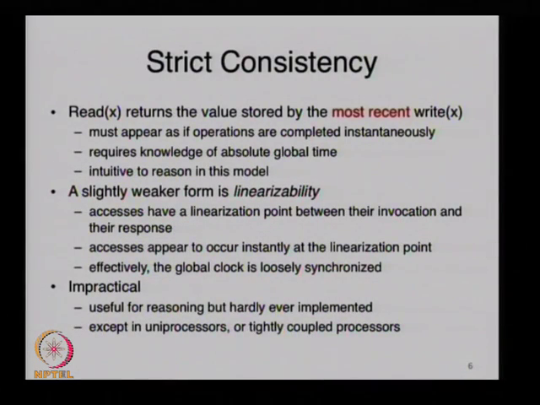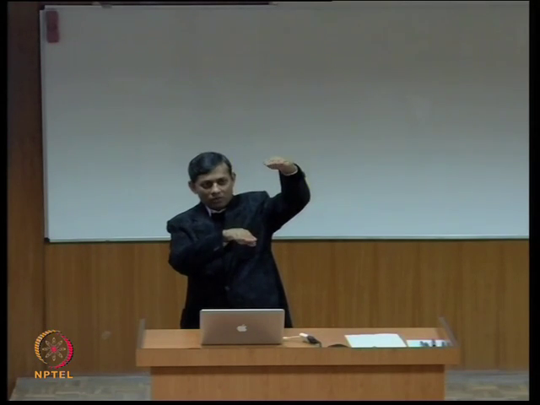A slightly weaker form of this strict consistency is, again, it appears atomic, but that global timestamp is only approximate, vague, right? Meaning that I do something here, I do something else over here, and between these two times, accesses, right?